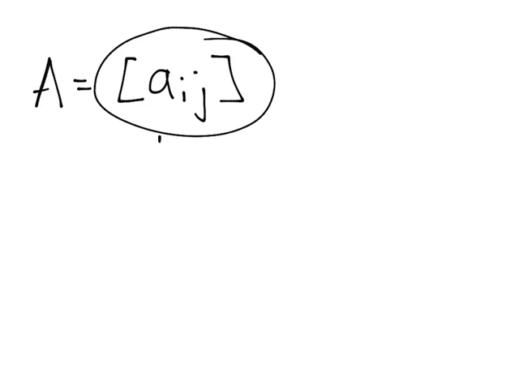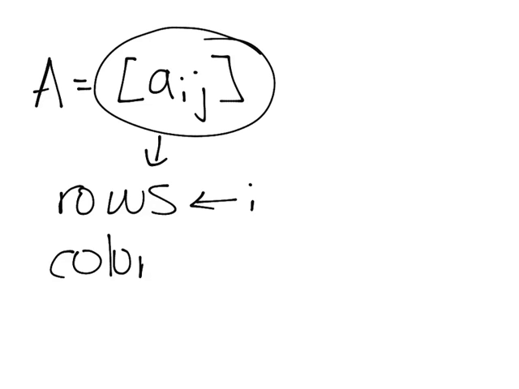Another way to denote this is that if A is a matrix with entries Aij, this notation means that the rows are represented by i and the columns are represented by j.